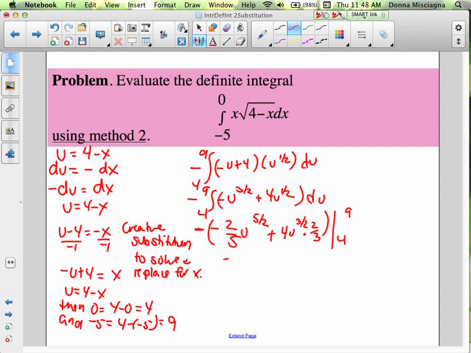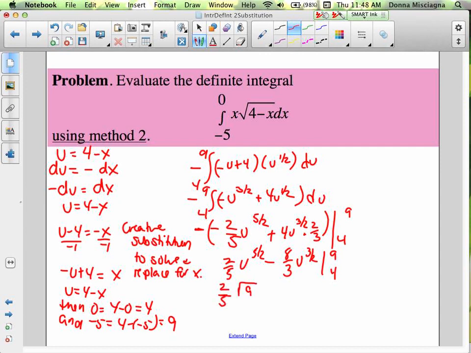This is going to be 2/5 u to the 5/2 minus 8/3 u to the 3/2 evaluated from 4 to 9. Now I'll just plug in the values. So we have 2/5. I'm going to rewrite this as a square root.